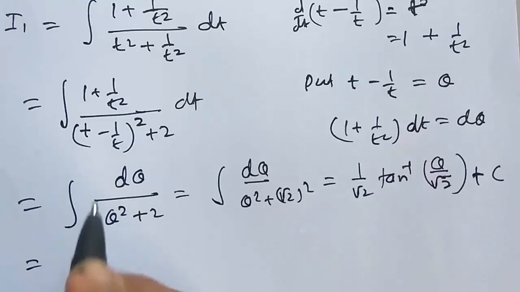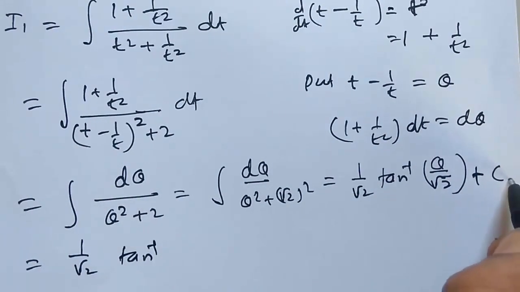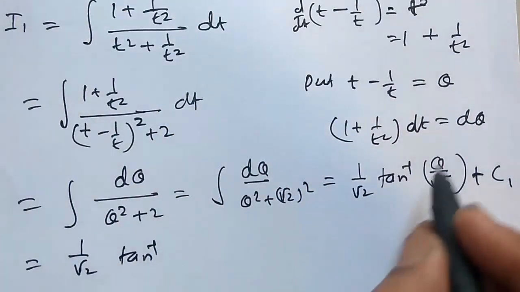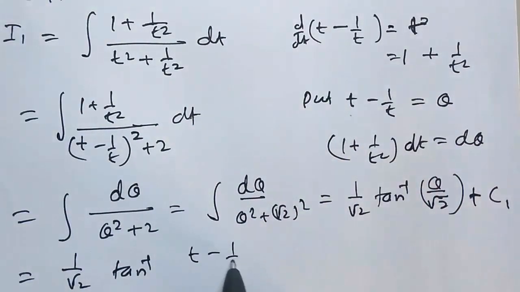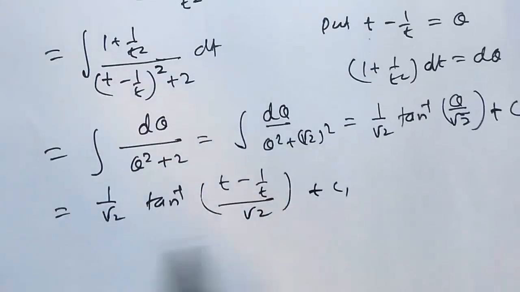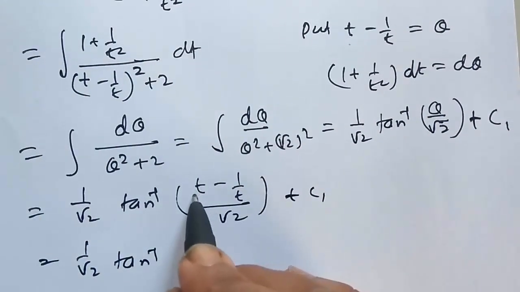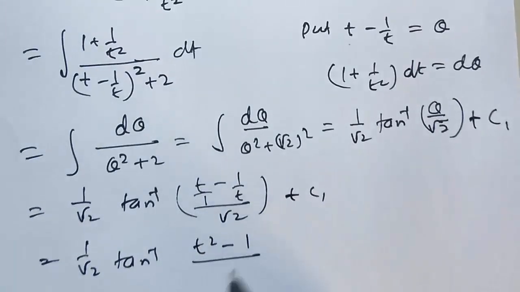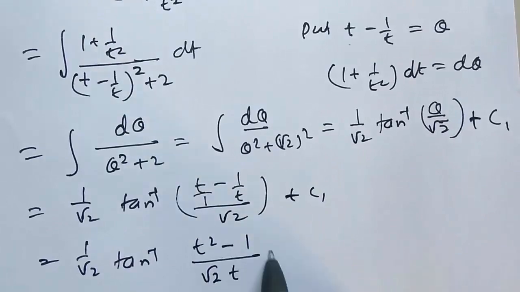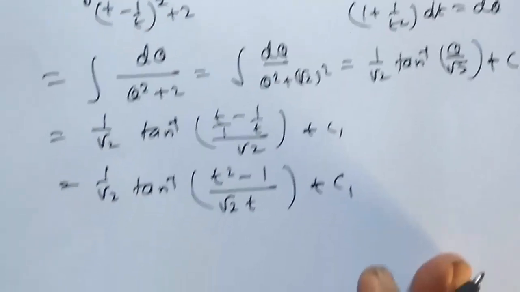So this is equal to 1 upon root 2 tan inverse of theta, we take it as c1. We have taken theta is equal to t minus 1 upon t, divided by root 2, plus c1. This is equal to 1 upon root 2 tan inverse of, multiplying by t, t square minus 1 upon root 2 into t, plus c1.